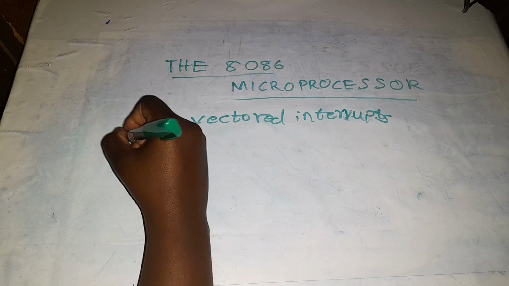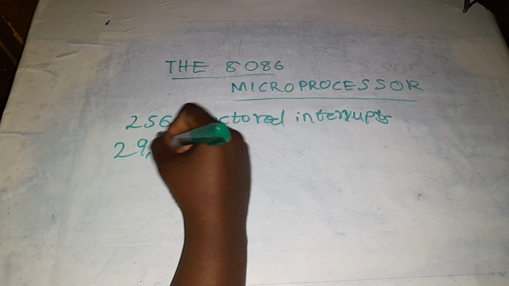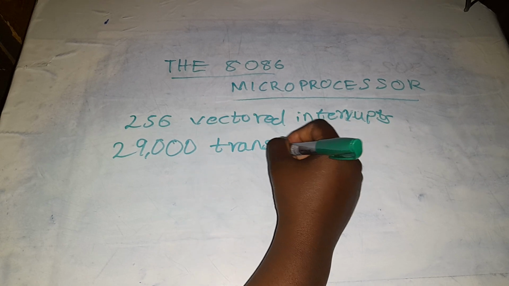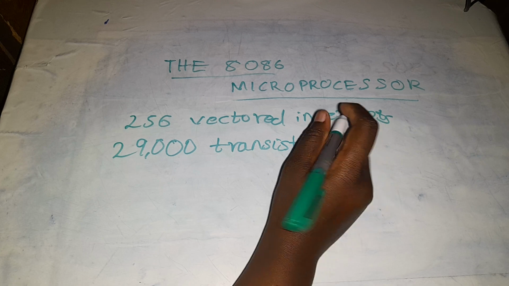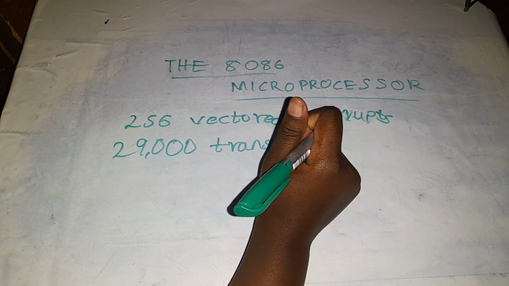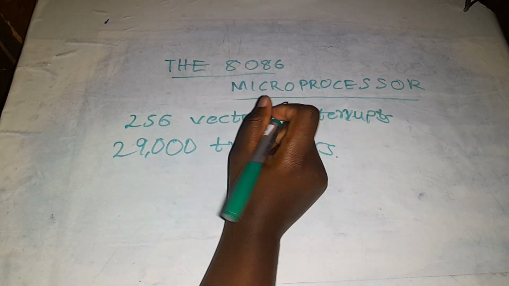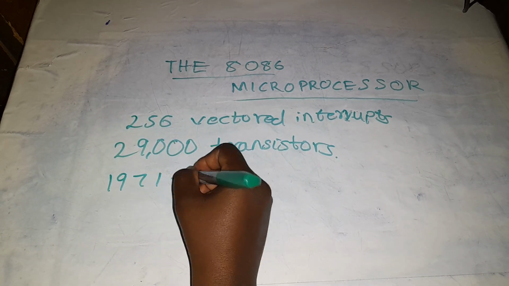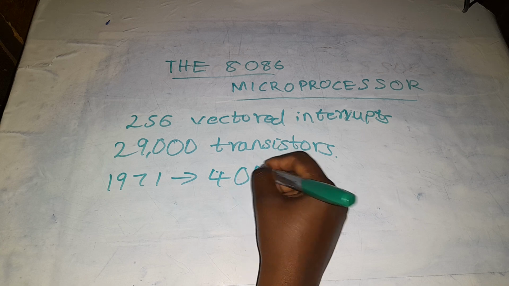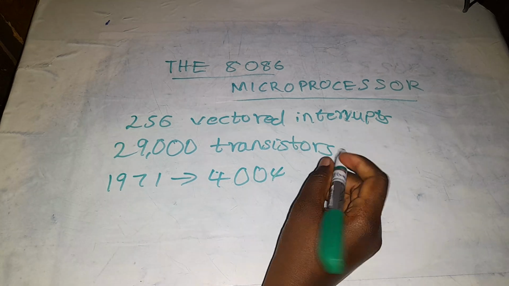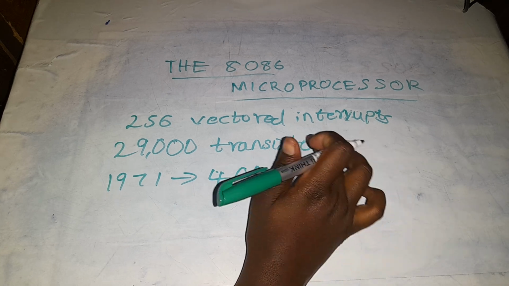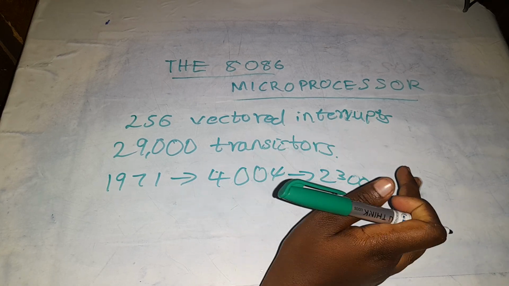And then we have the 29,000 transistors. The 29,000 transistors are an increase from the very first microprocessor in 1971, which was the Intel 4004, which had 2,300. You see, there was a significant increase between these two.